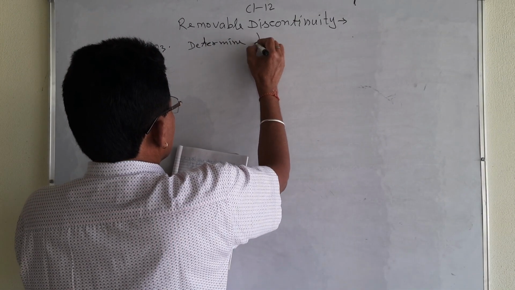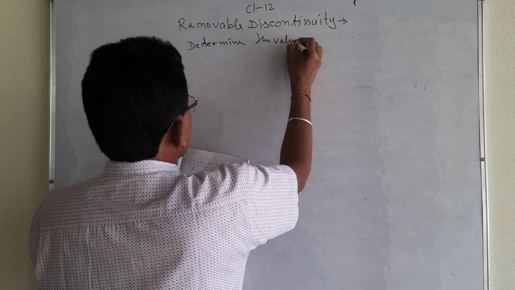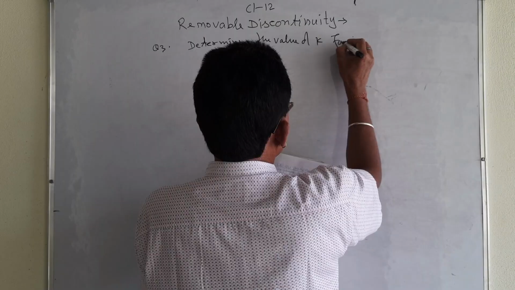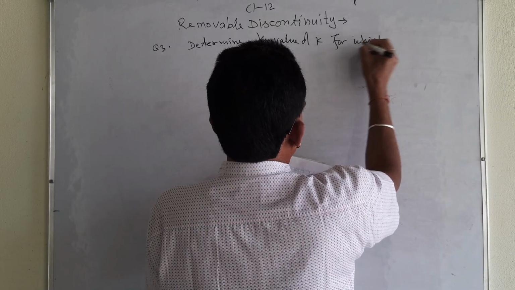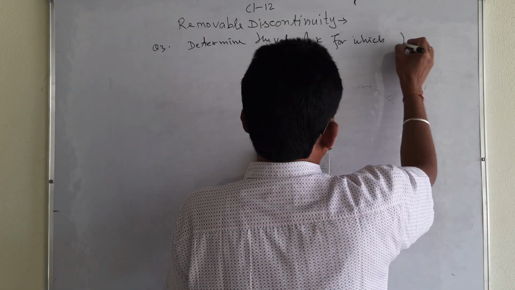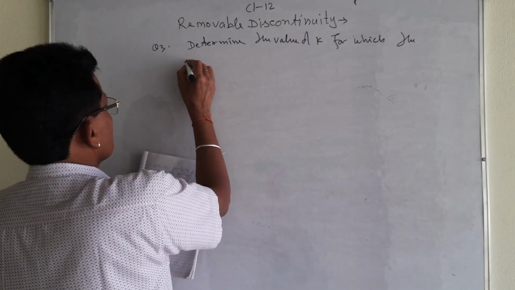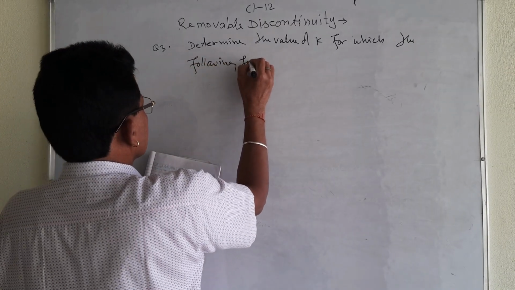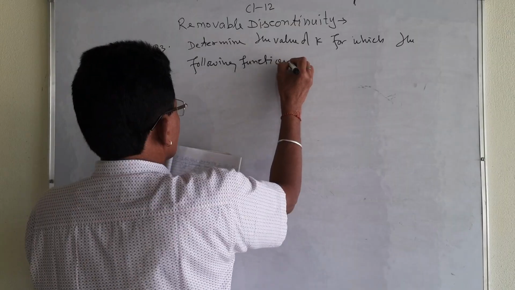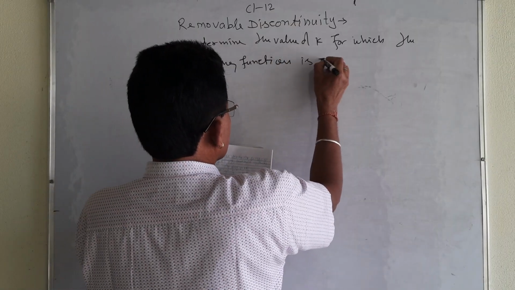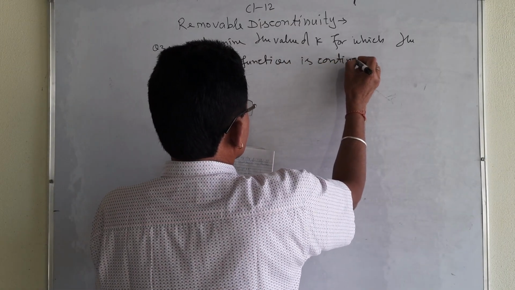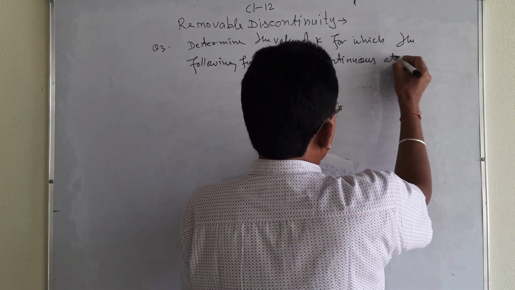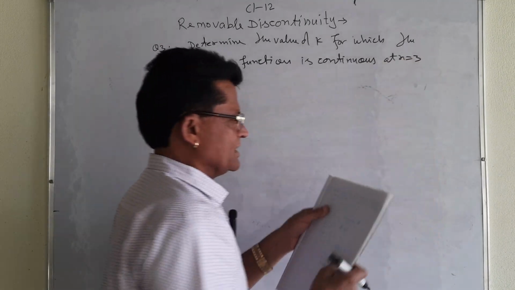Determine the value of k for which the following function is continuous at x is equal to 3. At this point the function is continuous.